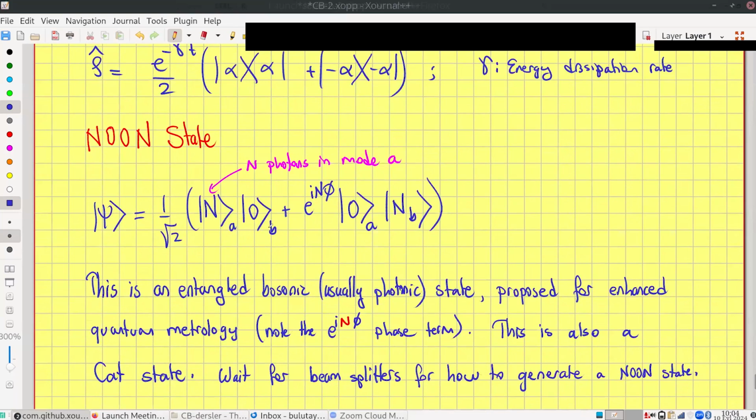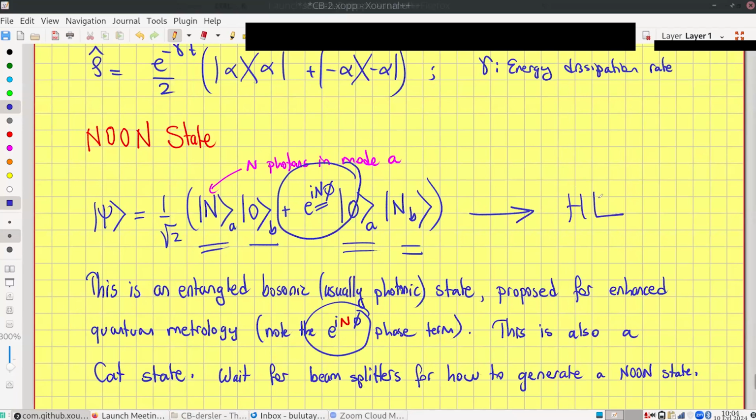Yet another very useful metrological state is the NOON state. You can have two channels, all the photons in one channel, no photon in the other channel, and the superposition of vice versa. And this phase is so important. If you have so many photons in this contrast, then metrologically your phase is amplified that much. So these are very important in quantum metrology in reaching the Heisenberg limit.